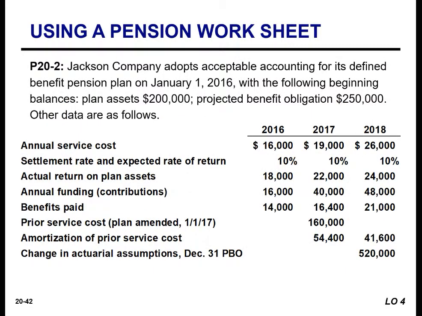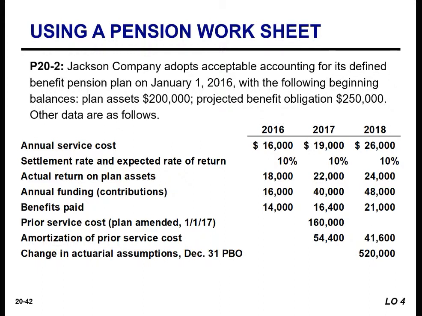So let's use a pension worksheet to complete this. Here we have the information for Jackson Company, who adopted an acceptable accounting for its defined benefit plan on January 1st, 2016 with these balances.